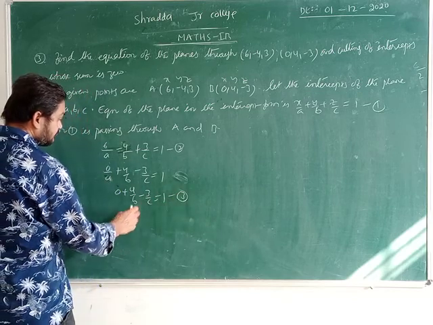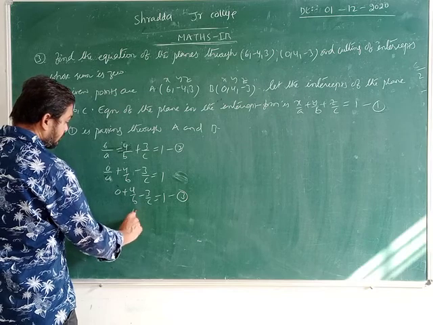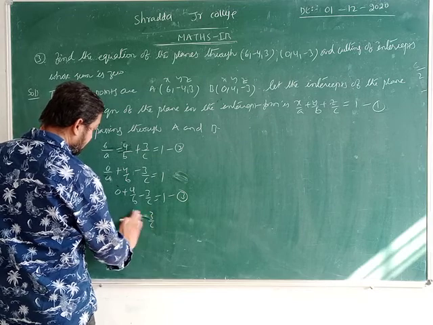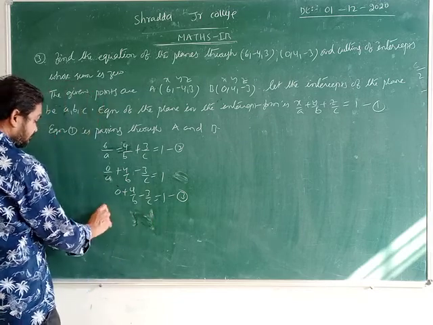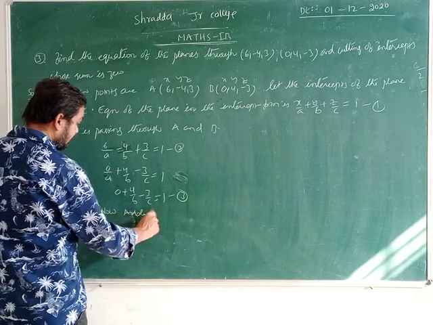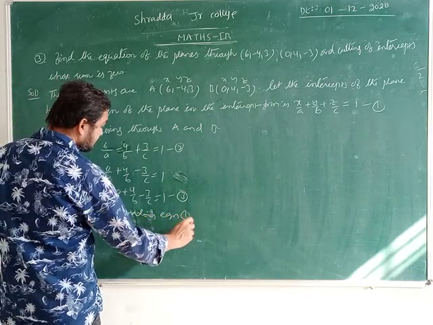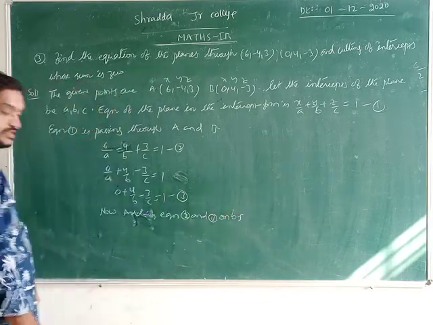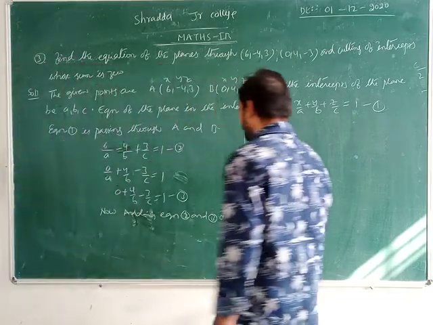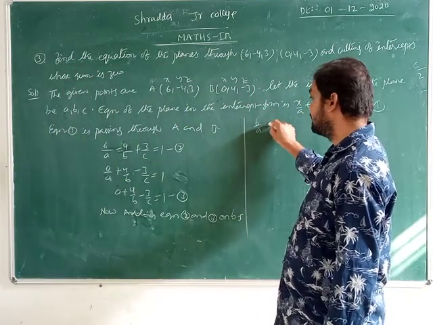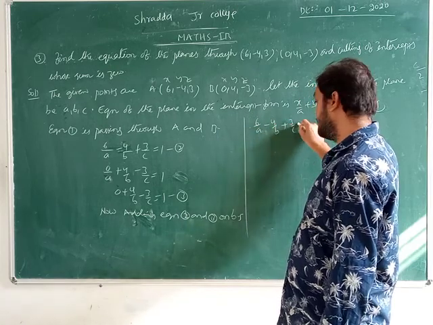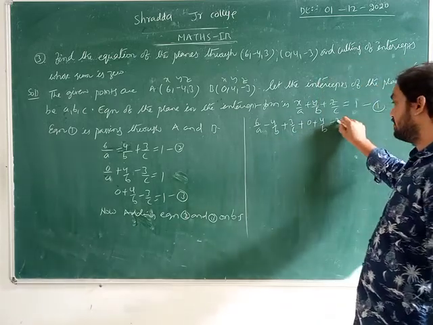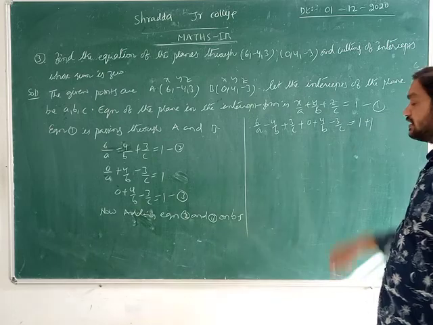Now see here, listen here, 4/b minus 3/c equals 1. Now, adding equations 2 and 3 on both sides, what we are getting here: 6/a minus 4/b plus 3/c plus 0 plus 4/b minus 3/c equals 1 plus 1.